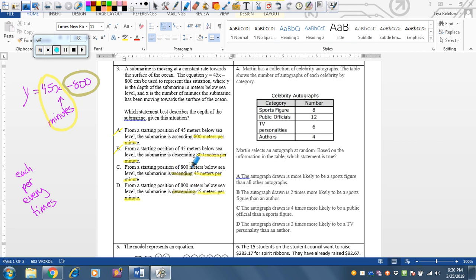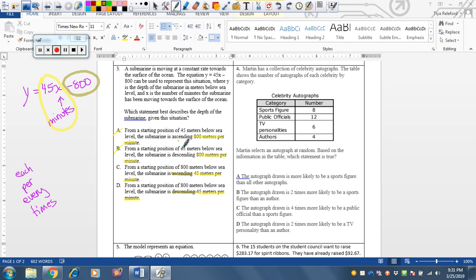Do you see the words ascending and descending? Now, descending makes you think it should be negative 800, but it's not the 800 that's descending. This says descending 45, and this says ascending 45. So ascending is positive.